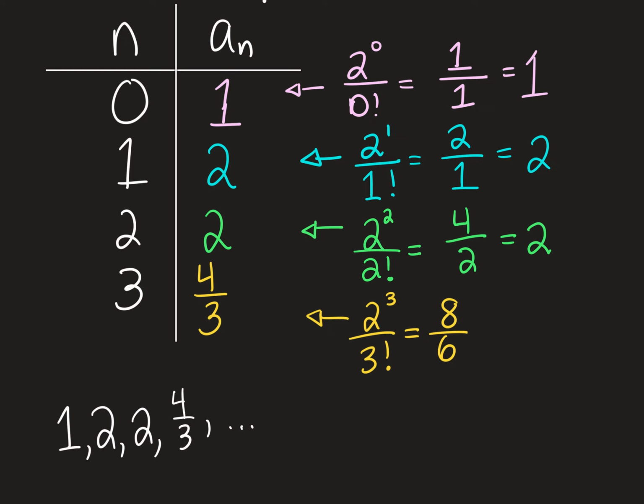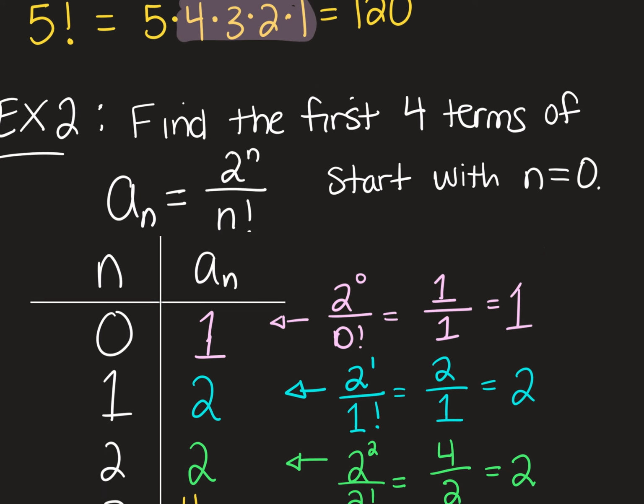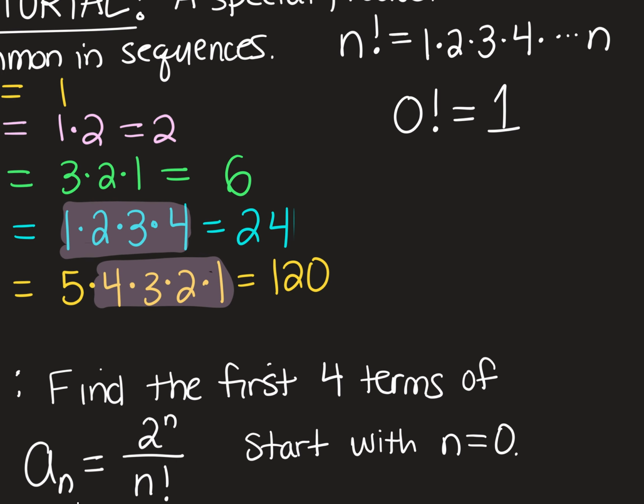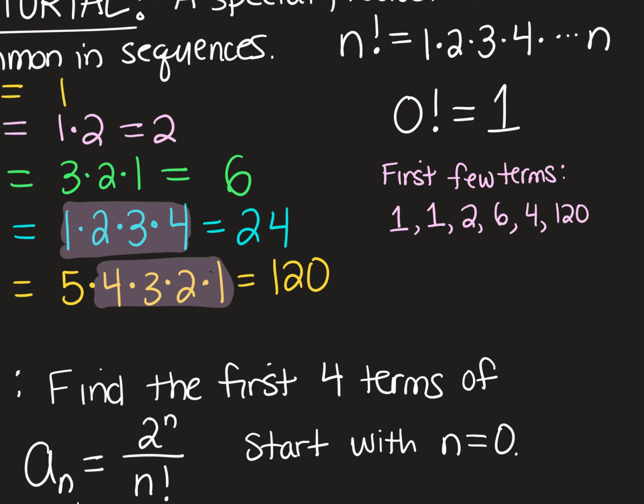I want to just take one moment and go back up to what we saw in those factorials. So if we look at the first few terms of factorial, we have 1 as the 0 term, 1 as term 1, and then we have 2, 6, 24, 120.